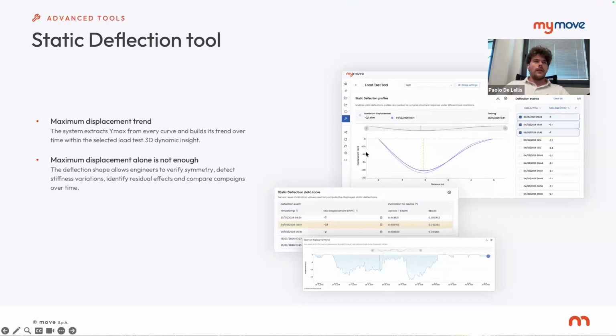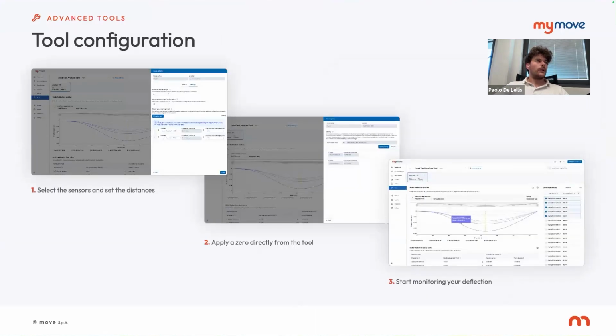It's important to highlight that you also have the possibility to overlay different deflection events together. So you can see together, for example, the different phases in the same chart. But of course, the tool is incredible, but how simple is it to configure this type of tool in our platform?